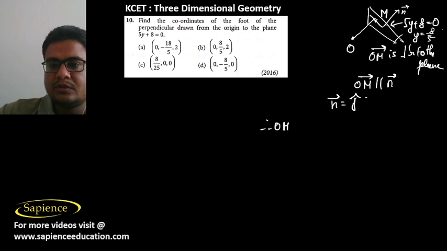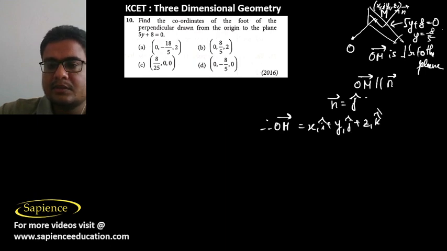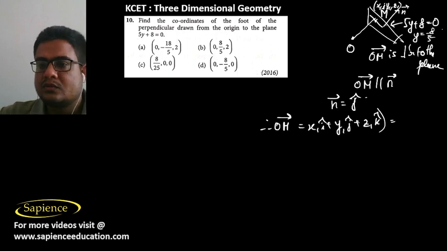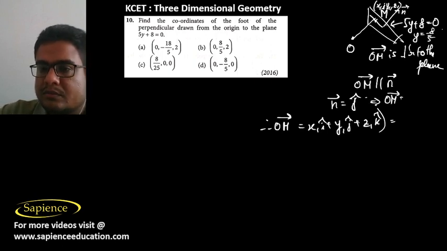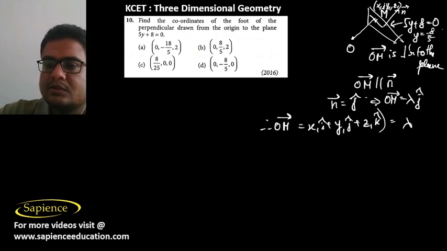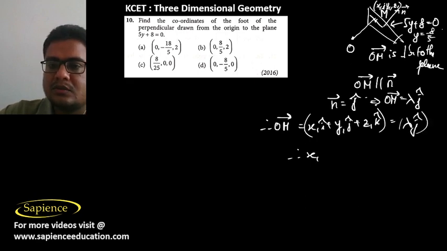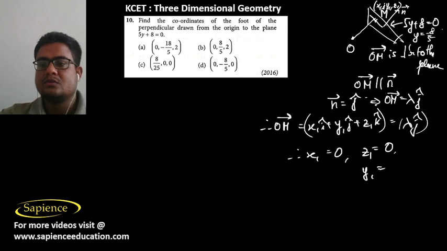Therefore OM vector, if the coordinates of the point M is x1 comma y1 comma z1, then OM vector is x1 i cap plus y1 j cap plus z1 k cap. That will be equal to some lambda times j cap, so therefore I can say x1 will be 0, z1 will be equal to 0, y1 will be equal to lambda.